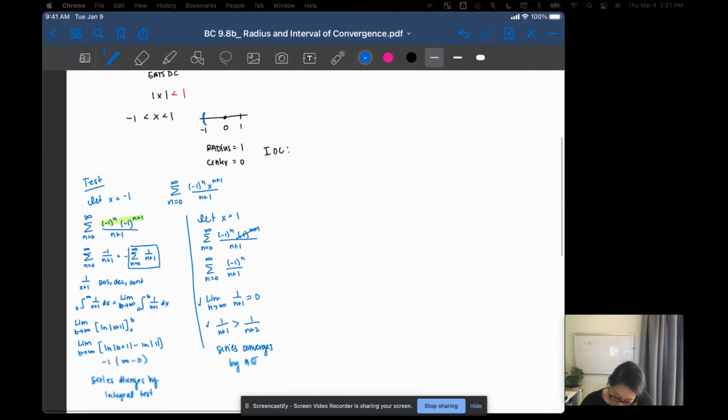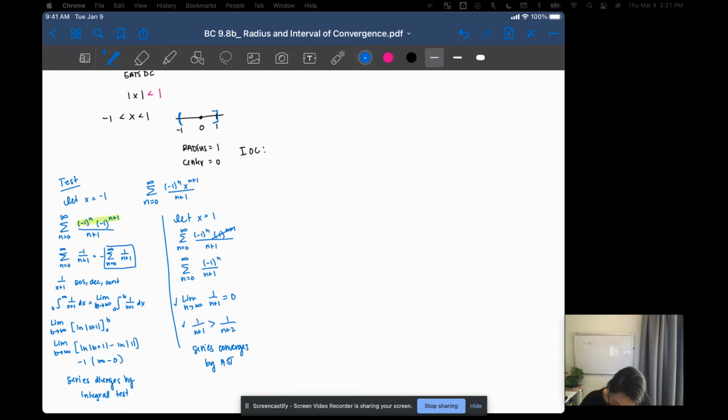So again, going back to my number line, I have an included bracket on positive 1. So the interval of convergence would be from negative 1 excluded to 1 included, or negative 1 is less than x, which is less than or equal to 1. Okay, so that is the interval of convergence for f of x.